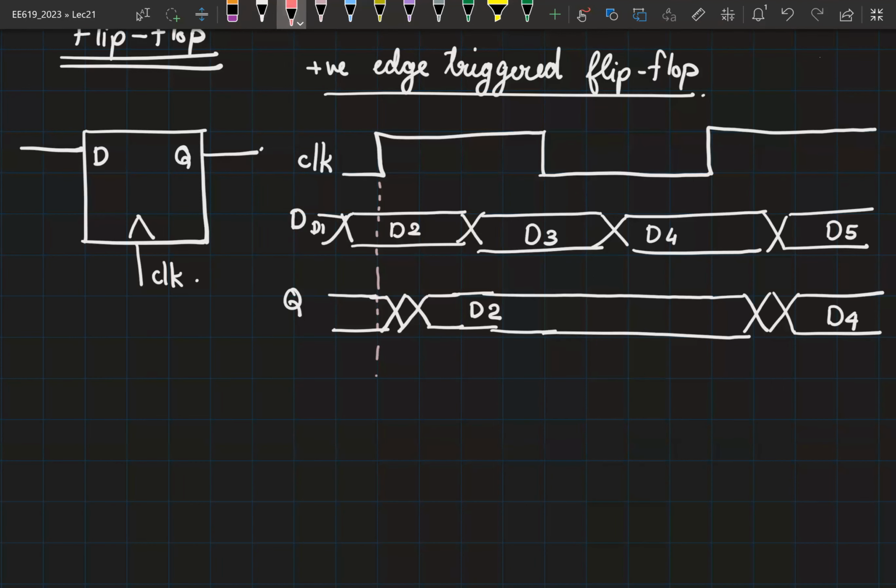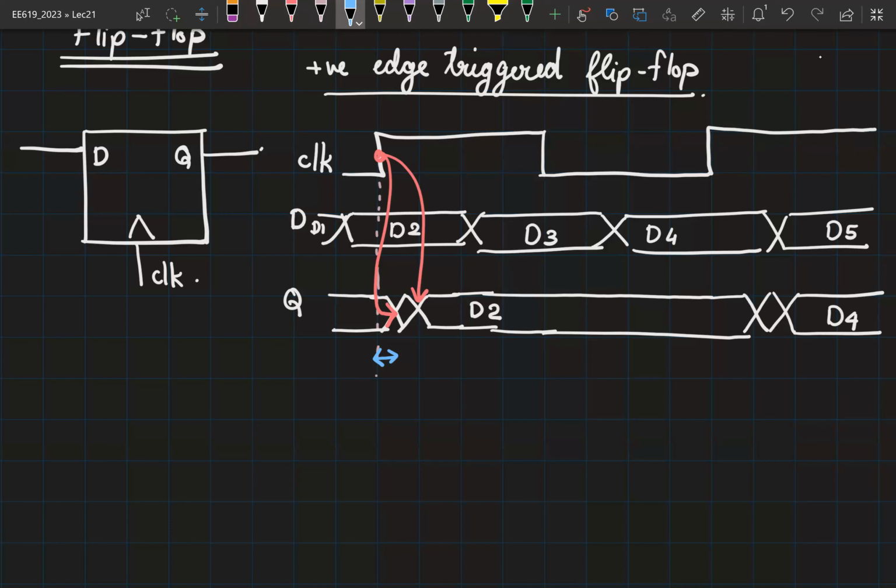So now let me mark the input edges that is causing a transition at the output. So this clock edge has caused this transition. The same clock edge has caused the next transition. What should we call the first delay as? That is from the clock edge to the first point at which the output has started changing. Contamination, but right, it is contamination, but you need some more information, right?